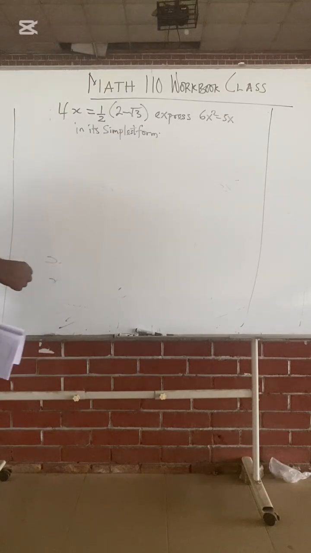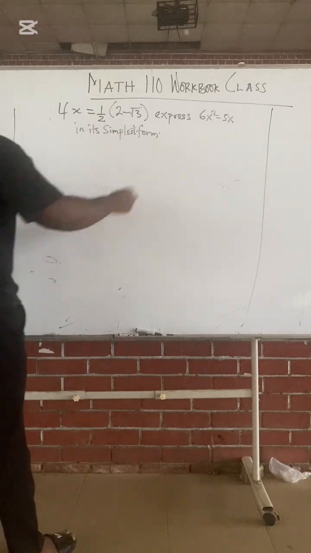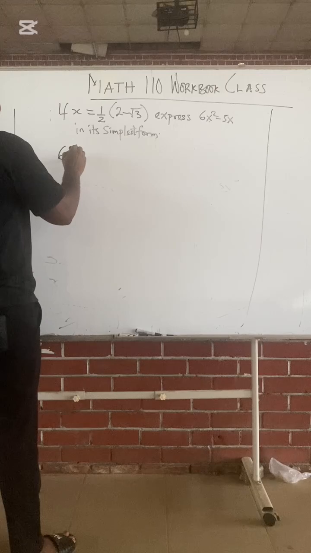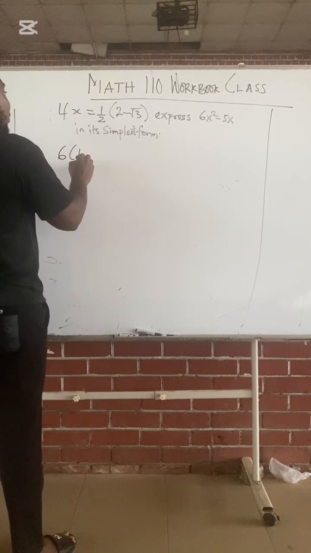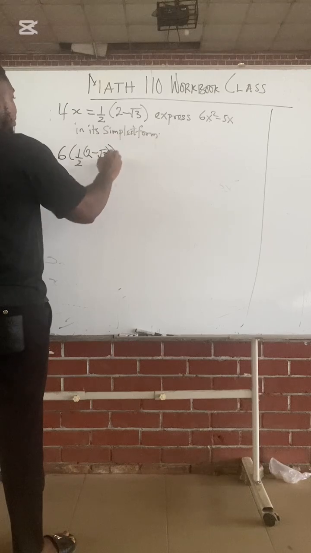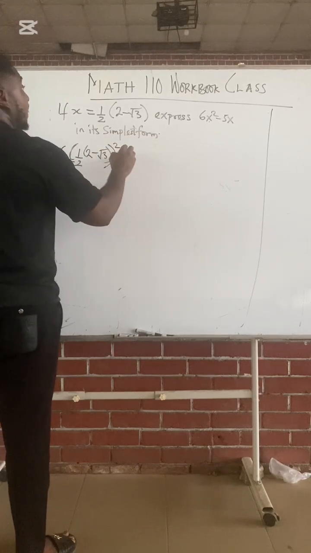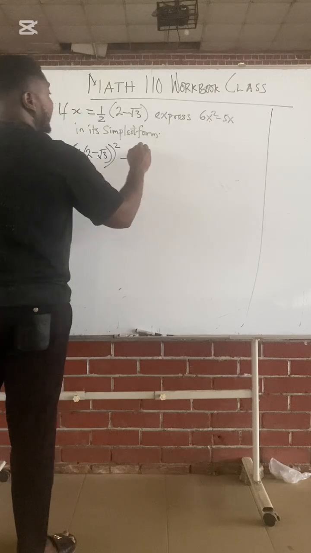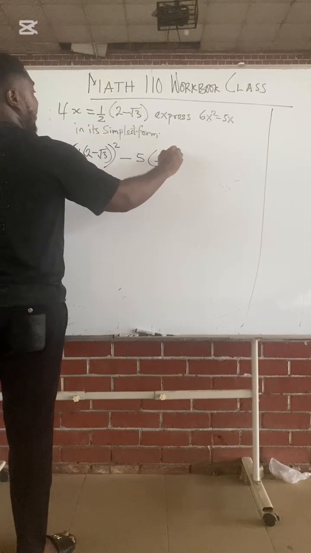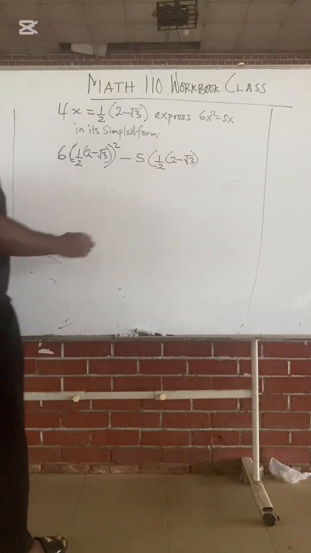Class, x is 1 over 2 minus root 3. We can replace x with 1 over 2 minus root 3. So that will be 6 into bracket 1 over 2 minus root 3, all square, minus 5 into bracket 1 over 2 into bracket 2 minus root 3. Are we together, class?